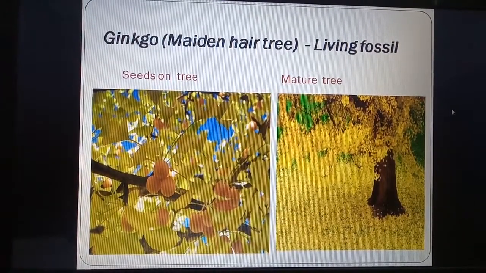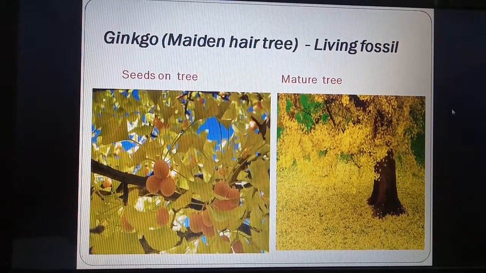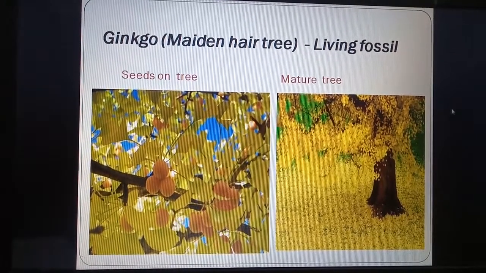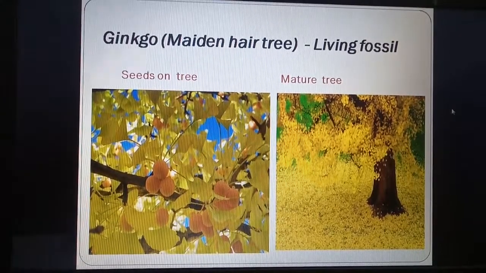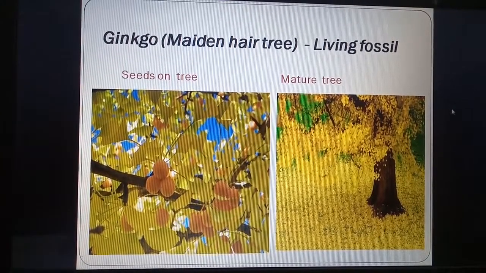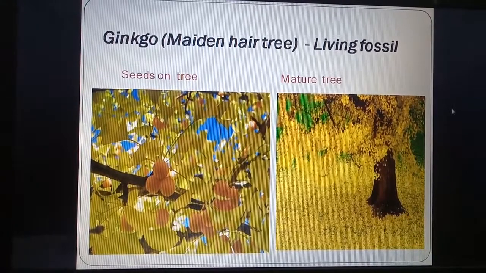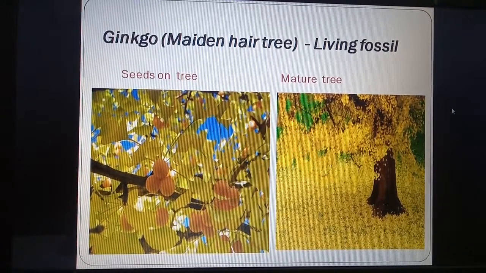Here we can see another gymnosperm, ginkgo. It is also called maidenhair tree and it is a living fossil. So why is it called a living fossil? It is called a living fossil because it is the only living species of division Ginkgophyta. So gymnosperms have certain divisions, and in one of the divisions, which is called Ginkgophyta, only ginkgo is living.